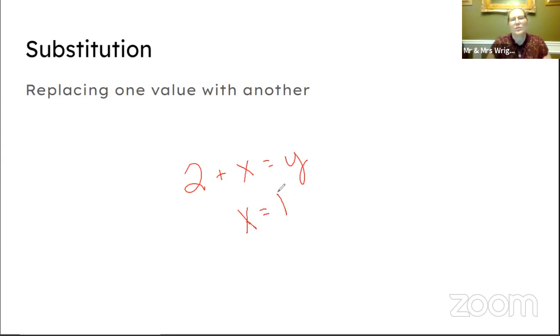And then you substitute 1 where the x is. So you'd say 2 plus 1 equals y. So 2 plus 1 equals 3. So y equals 3. Okay, so substitution is like when you're playing a sport and somebody gets injured, you send in a different player. You don't continue playing the game with it empty. You send in a different player to that position.